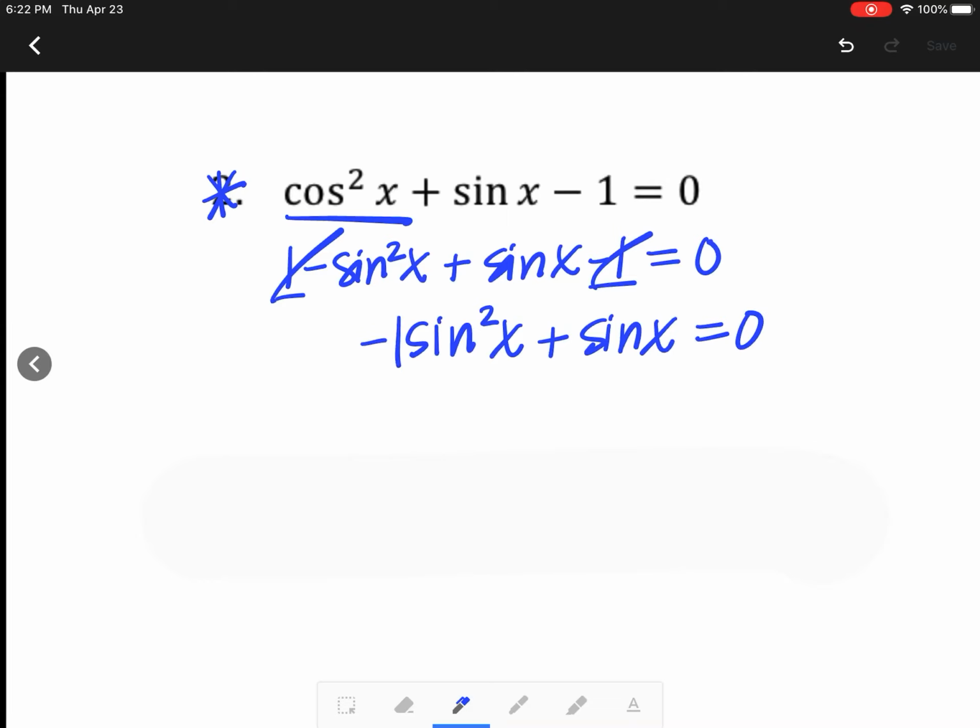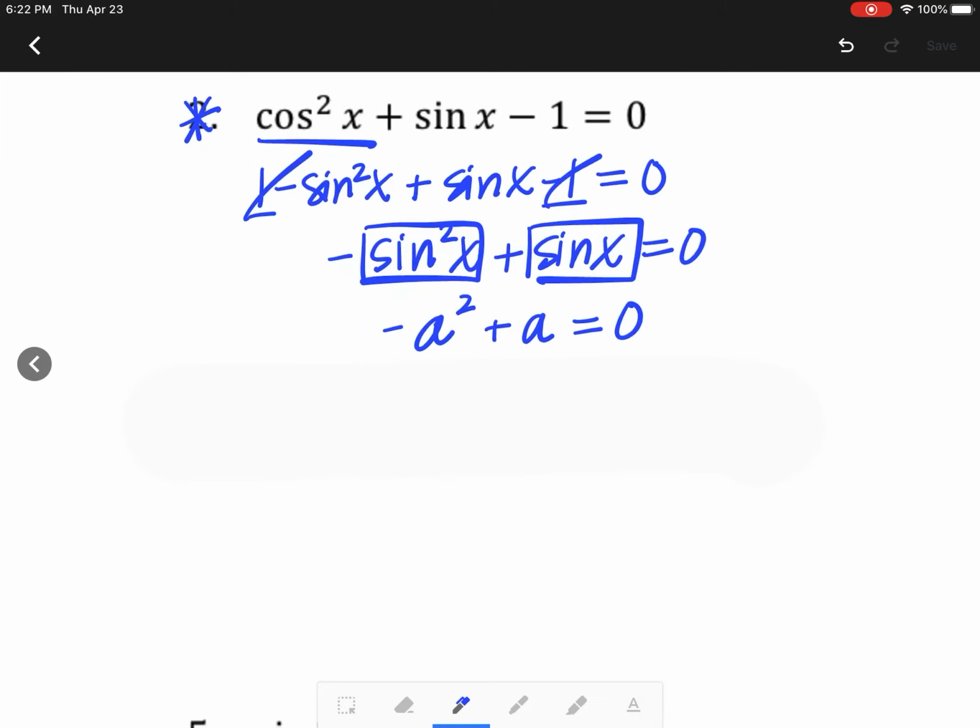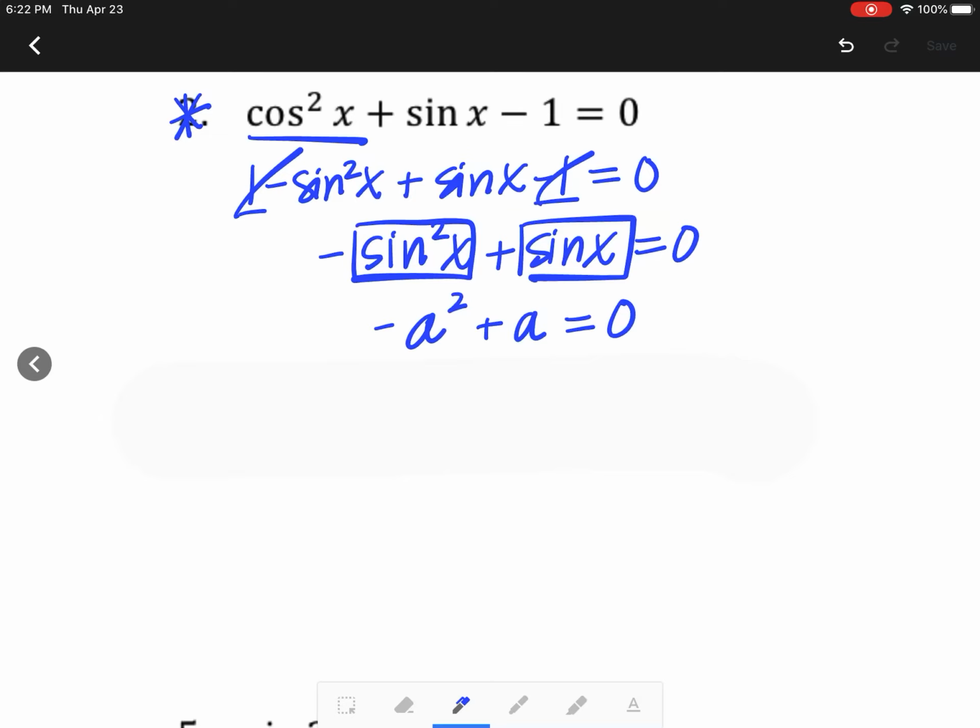I want to actually think of this as if this whole thing right here was just a variable. Let's call it a. And this is that same variable here. Let's call it a. Now, if I were solving this, I would notice since I have two a's here, I can factor out an a. It's like dividing each term by a, so this becomes negative a plus 1.